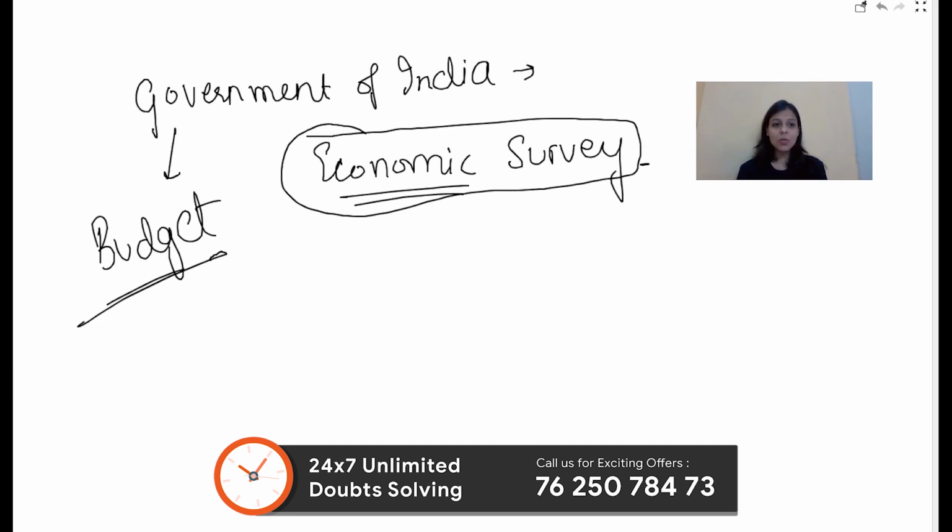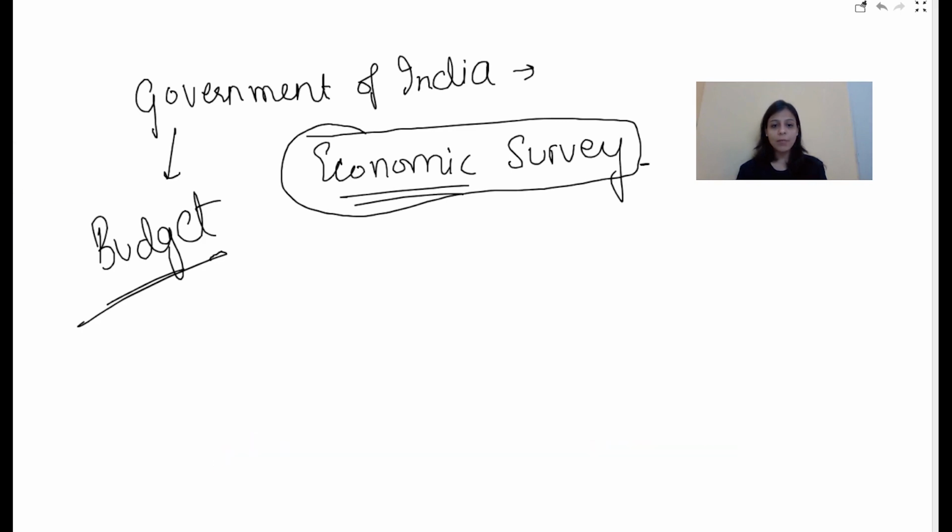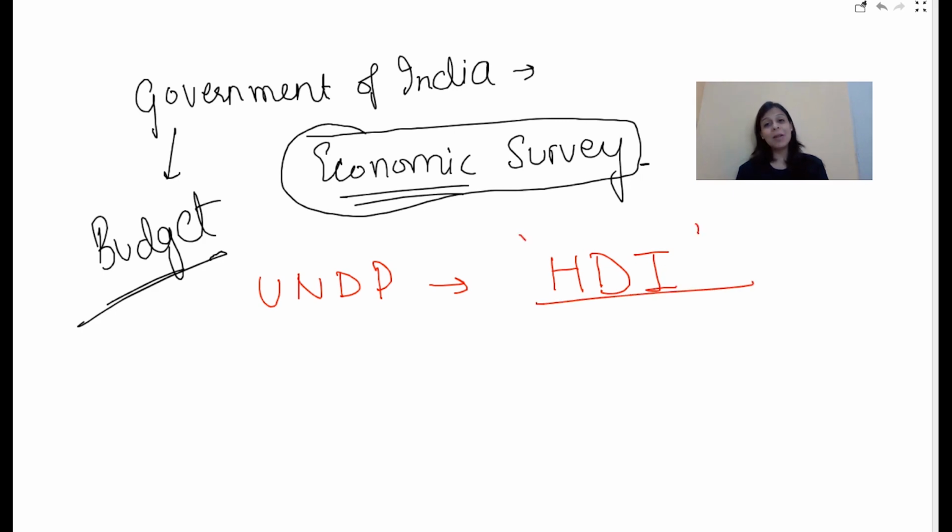The second important report we are going to talk about is from the United Nations Development Programme. It comes up with a very important report that you have read about a lot: the Human Development Index.